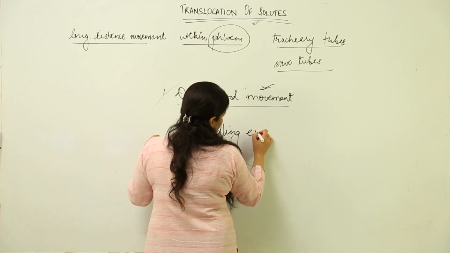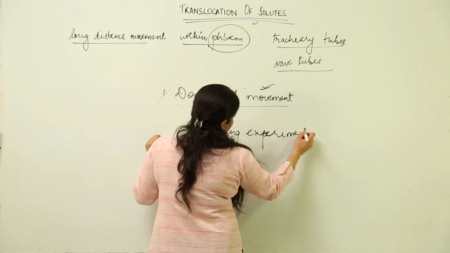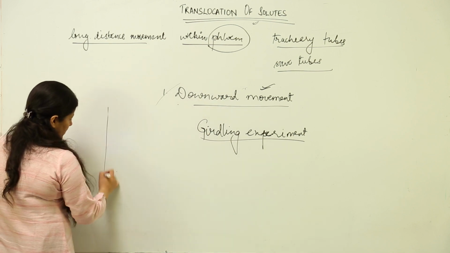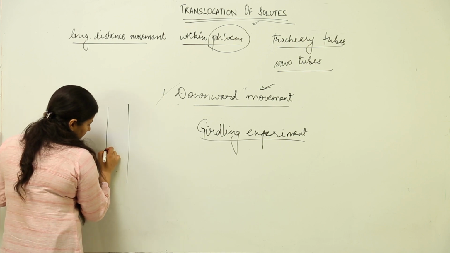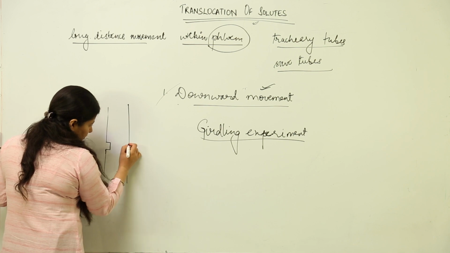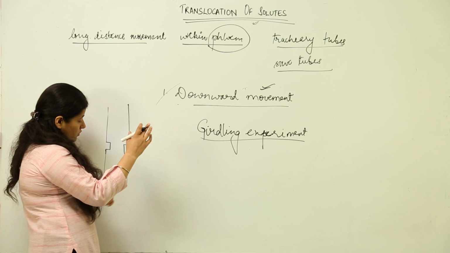I am pretty sure that you must have read and heard about it in your lower classes, where a stem is taken and a cut is made in such a way that the external part, that is the phloem, is cut out.